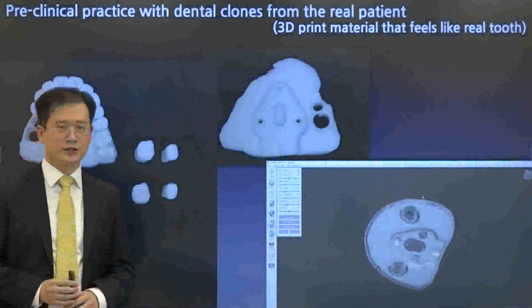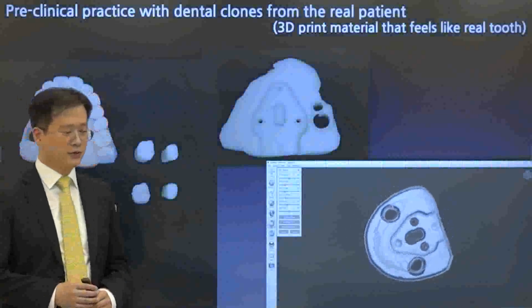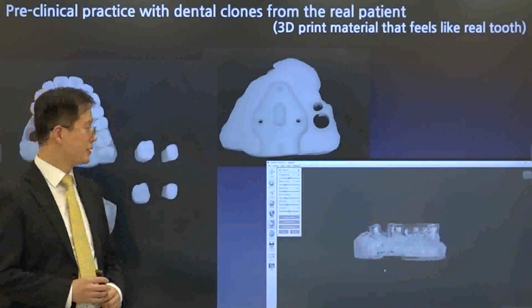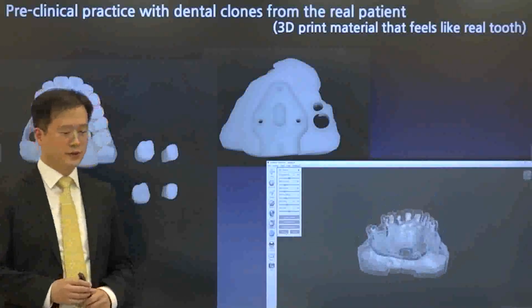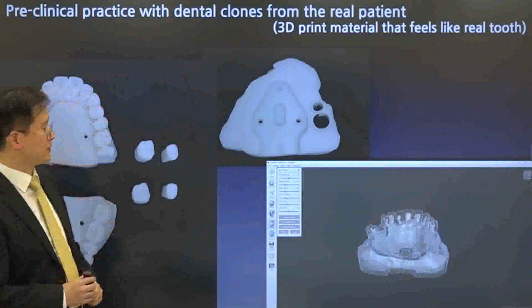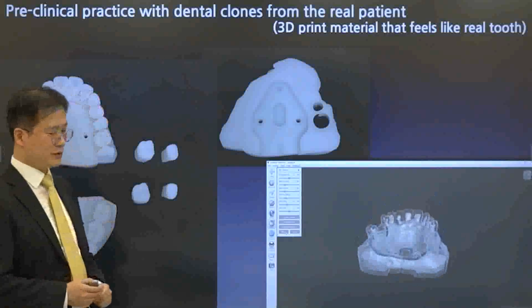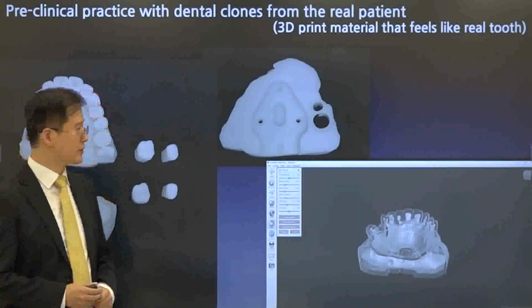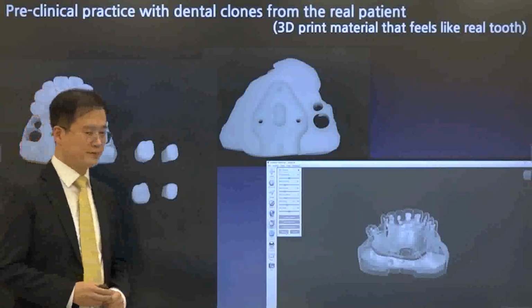This clone dental arch is designed from intraoral scan data and 3D printed. The base of this clone is compatible with the mannequin, which can be seated on the dental unit chair.